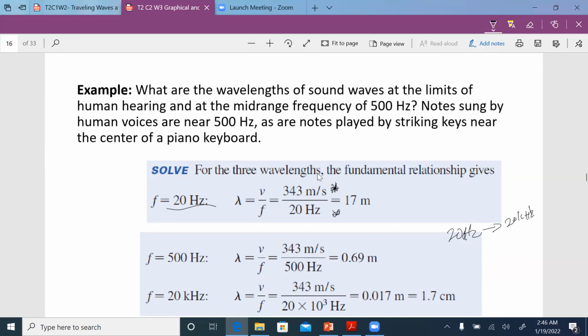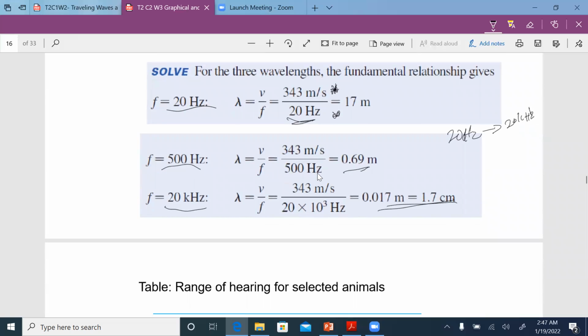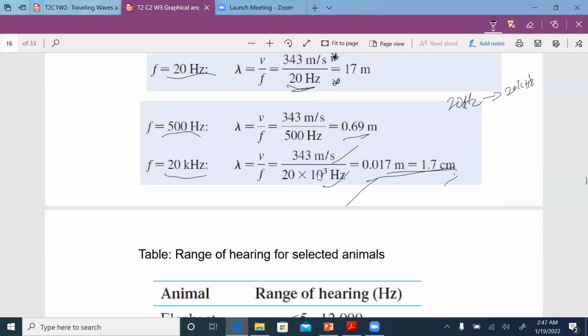Then we solve for when the sound is at the low side, which is 20 hertz for the human ears. We try it again for 500 hertz, and again for 20 kilohertz, and we have this value as well. We just substitute, using the speed of sound as our velocity. So that's pretty straightforward using this relationship.